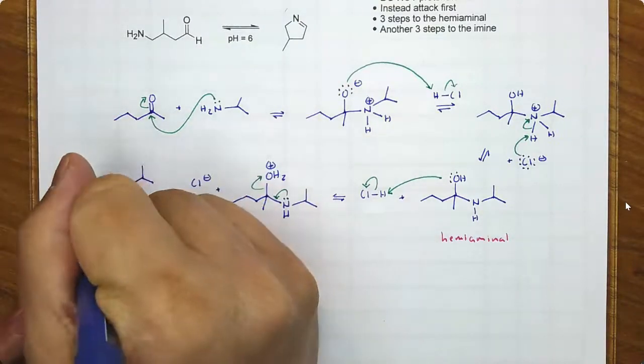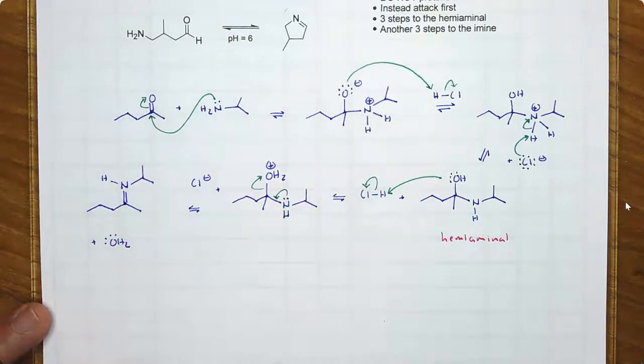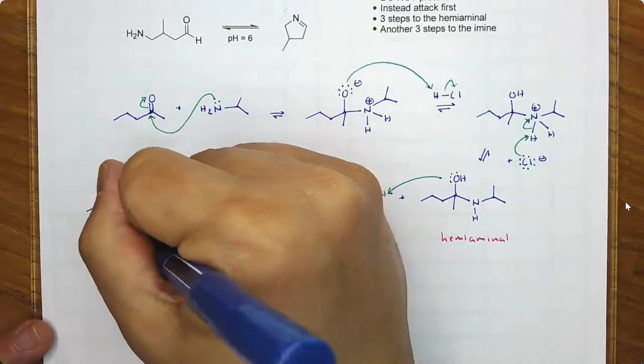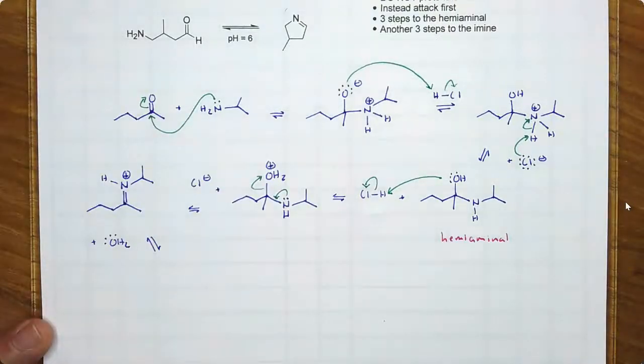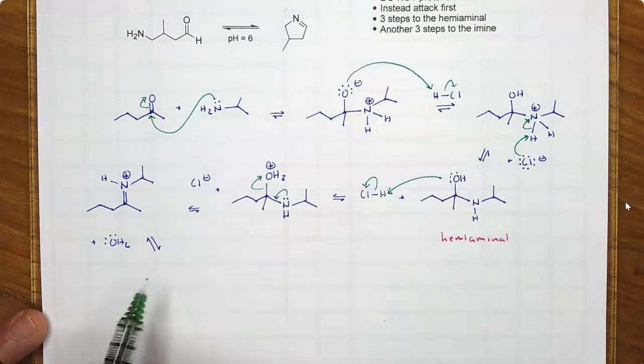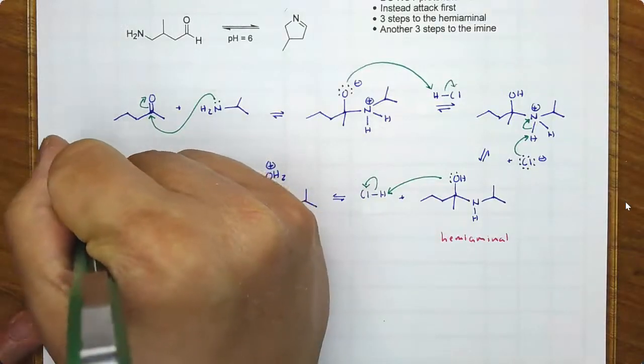Why don't I put water here? OH2 or H2O. Because we're going to use it to deprotonate this nitrogen to get it to be the neutral imine. That's it. It only took us another 3 steps from the hemiaminal to get to our product.